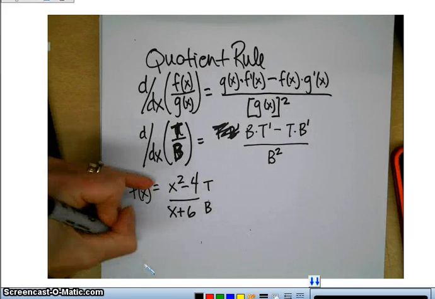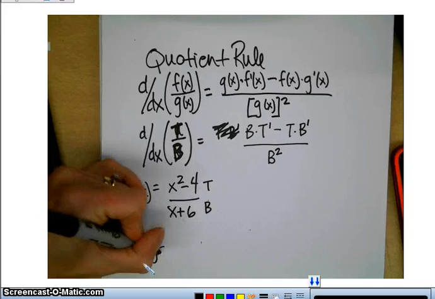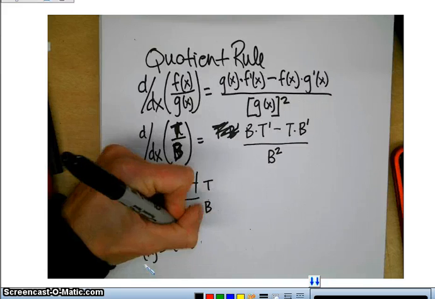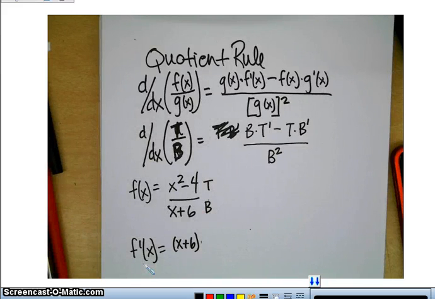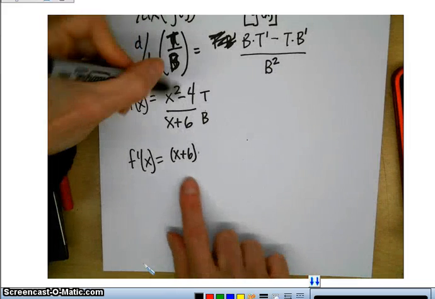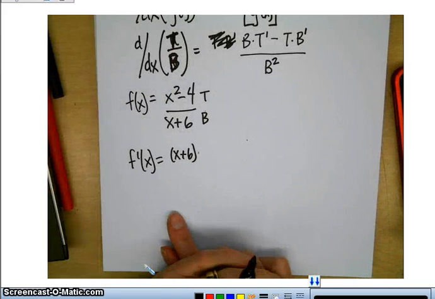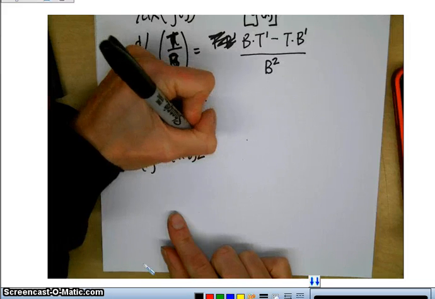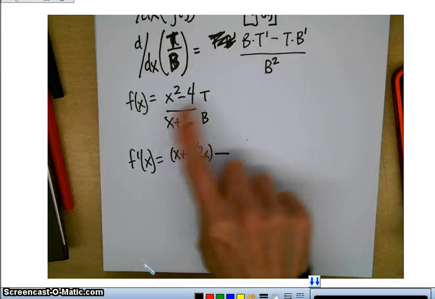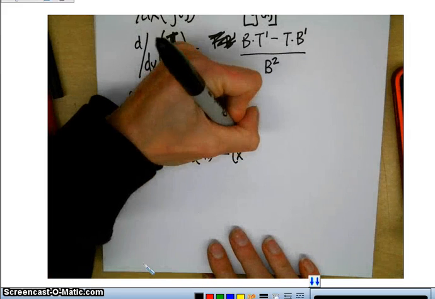Okay, so my derivative, f prime of x, I write the bottom down. It says bottom, just write it down. And using parentheses is really helpful here. I write the bottom down times the derivative of the top. What's the derivative of the top? 2x minus the top, which is x squared minus 4.